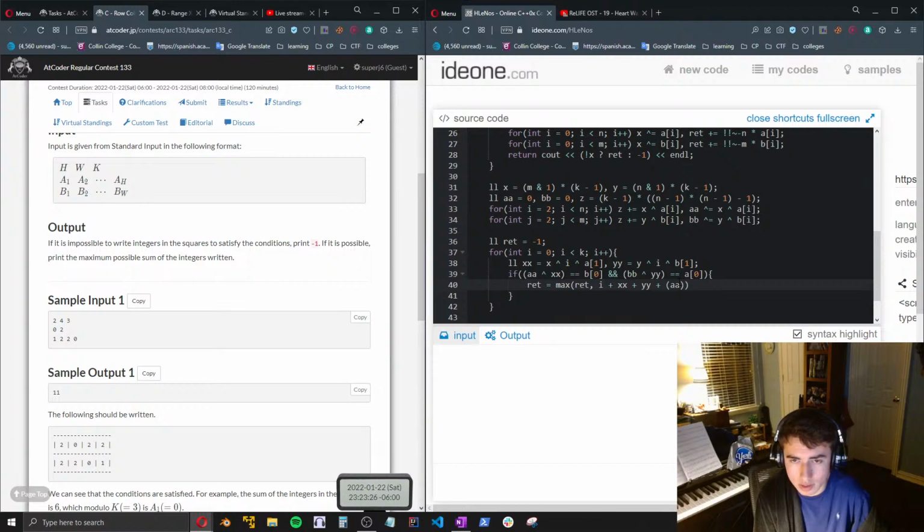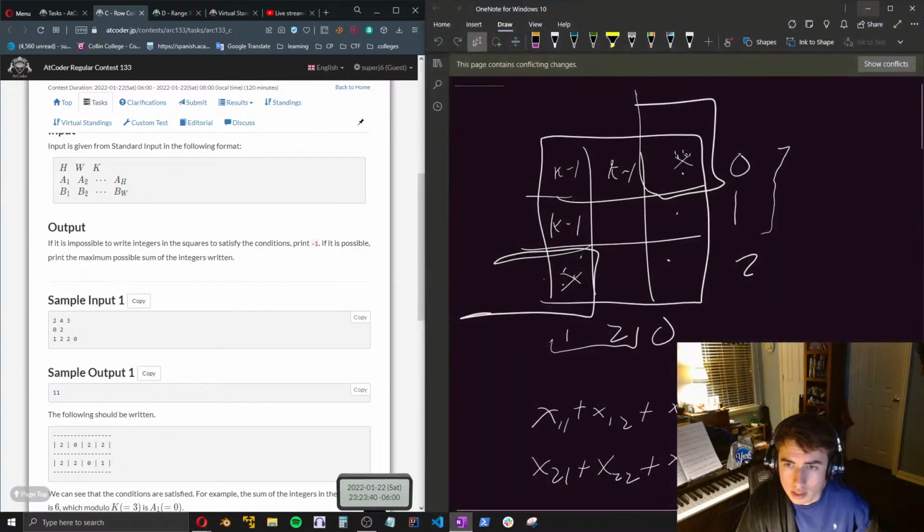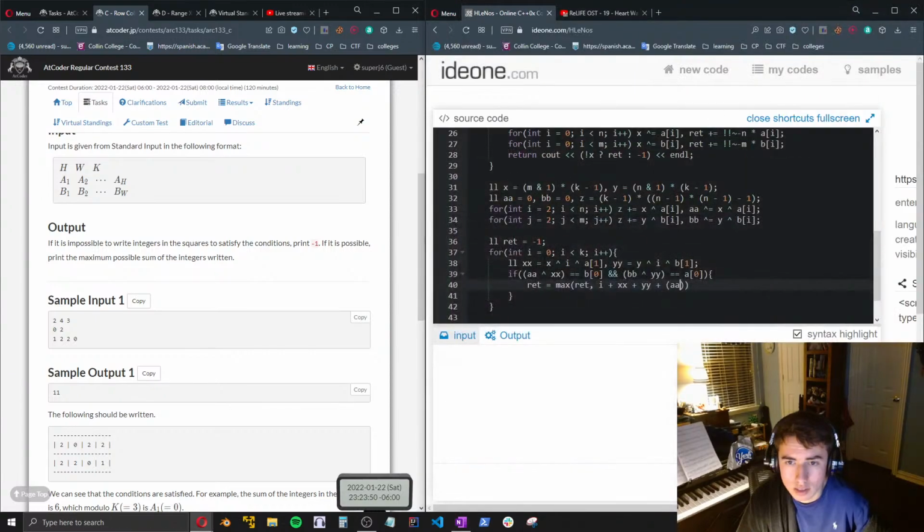Hold on, am I doing this right? AA XOR XX. These need to be the same. Hold on, what? AA XOR XX has to be equal to... No, this is XOR B of 0.